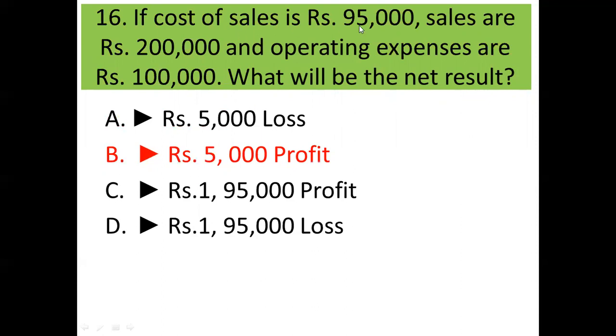Net result will be: you have to take sales of 200,000, minus cost of sales of 95,000, and minus also 100,000 of operating expenses, and we remain with 5,000 profit.